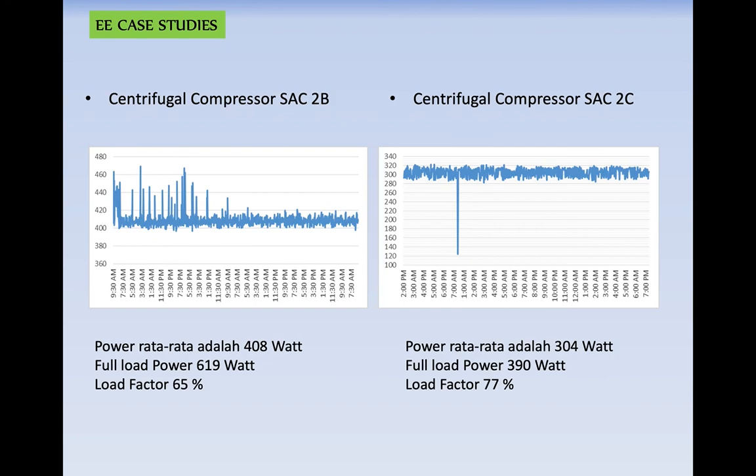We also find that compressor SHG2B has the biggest range of electric power consumption, in a range of around 60 kilowatt, which means they operate between 390 kilowatt up until 470 kilowatt.